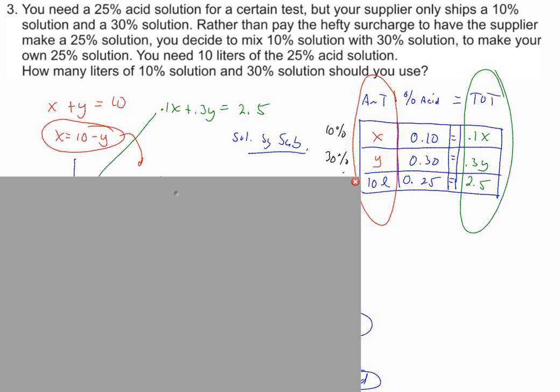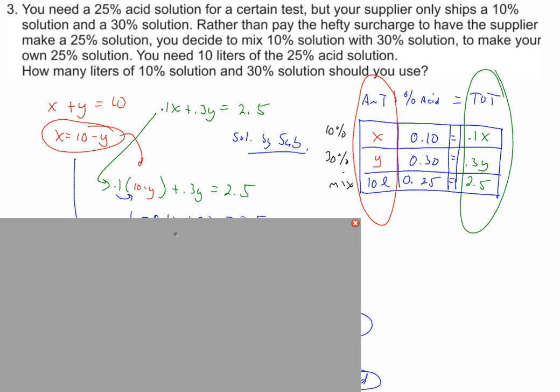What was asked demands. Okay, I solved the first one for x. You could have solved it for y. That'll be okay. You'll end up in the same place eventually. I then subbed that value into the green equation for x. Careful with your decimals. When I distributed, I got 1 minus 0.1y plus 0.3y equals 2.5.